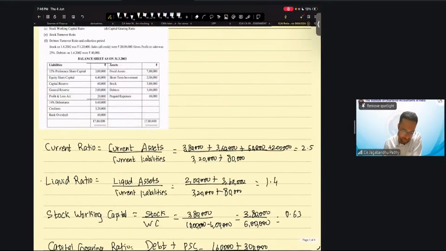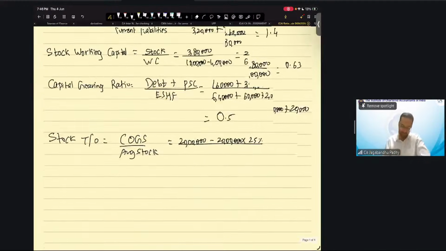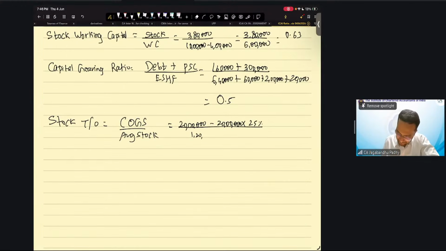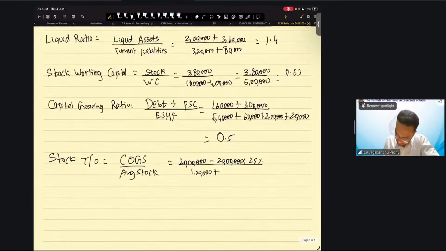And then you have the average stock. Now the average stock will be the average of opening and closing. So opening is 1,20,000 and closing is 3,80,000, divided by 2.